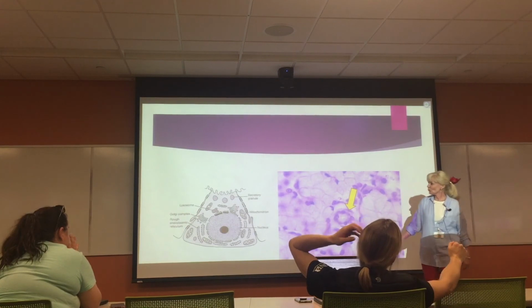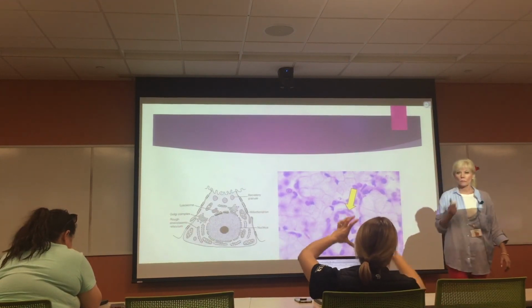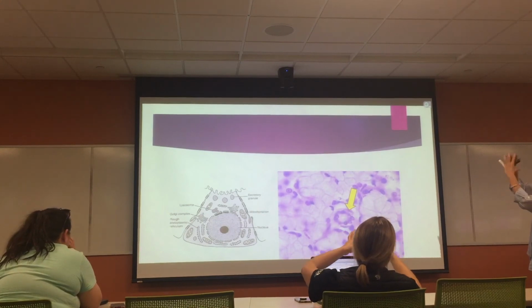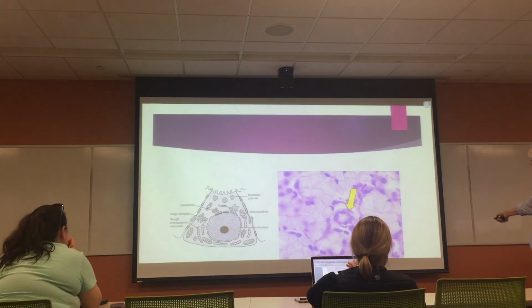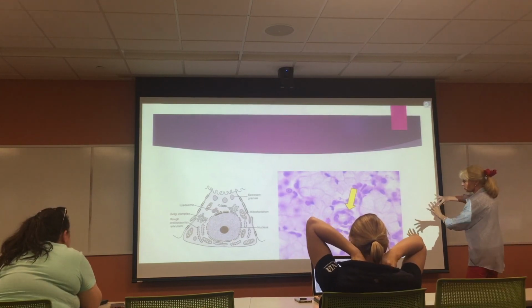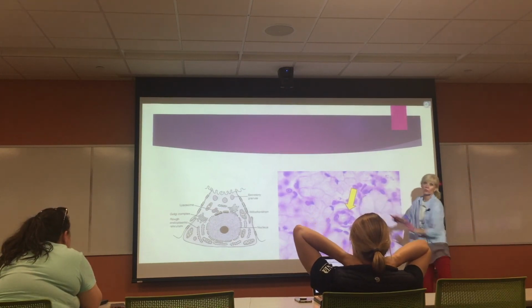When we say acinus, we're referring to that globe like a bunch of grapes, multiple cells. There's a whole bunch of cells, and this is the little center of it. That's where we're going to squeeze out the fluids, and then they go into the intercalated duct.